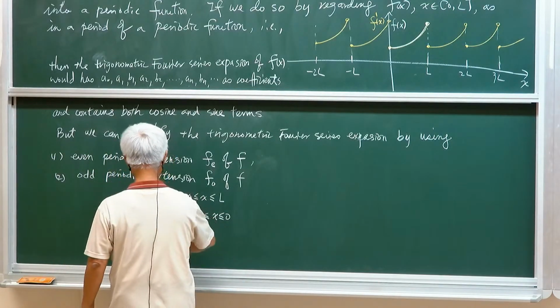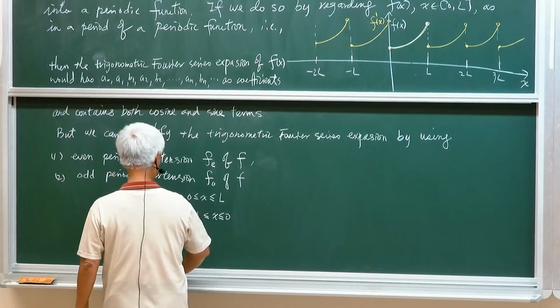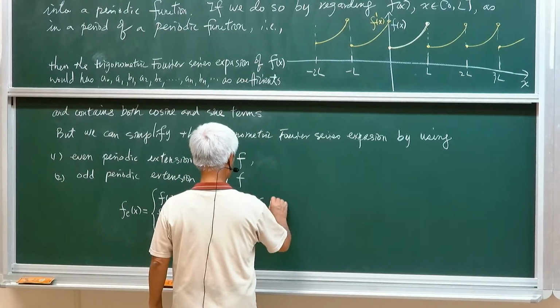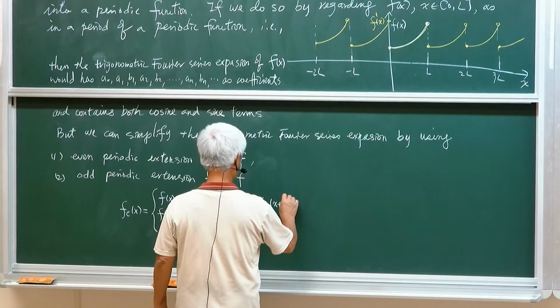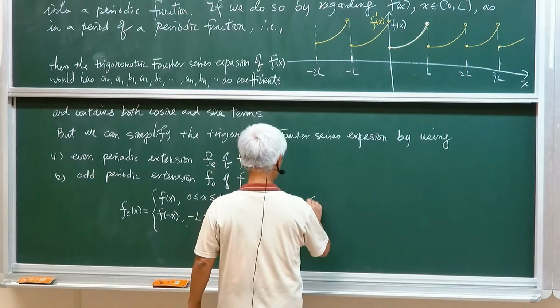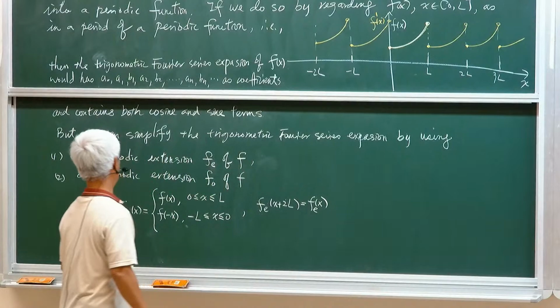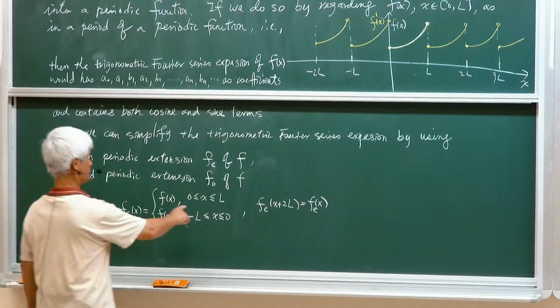All right, so first of all, we have that. And then we let the period be 2L. So the even periodic extension is like this.